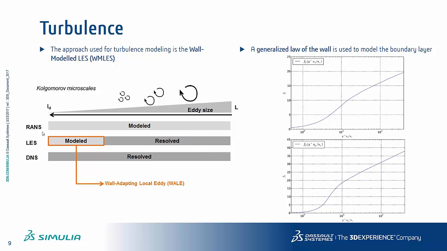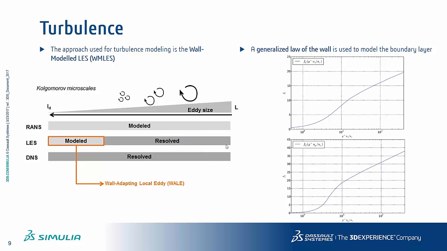And so what you need for RANS is modeling all the scales. So basically you filter all fluctuations due to turbulence, and you just model all of them at any eddy size. On the opposite end, you've got the DNS, where you resolve absolutely all scales, even the Kolmogorov scales, which are very small and can be very expensive, and it's usually not practical at industrial level.